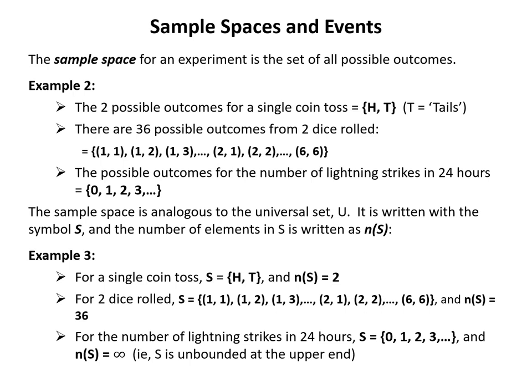And for 2 dice rolled, you can see the list again listed there, and the number of elements would be the 36 that we talked about before. In the case of the number of lightning strikes in 24 hours, the sample space would be the numbers from 0 on upwards, and because it is unbounded on the upper end, the number of elements in the sample space here equals infinity.